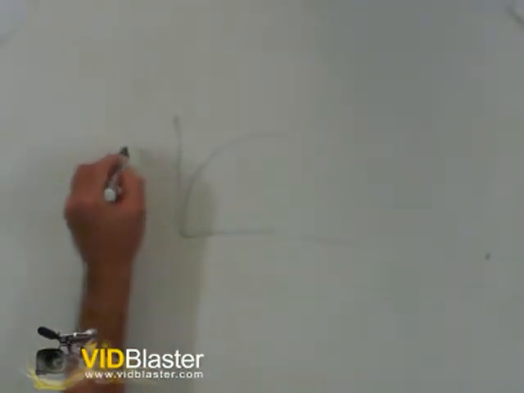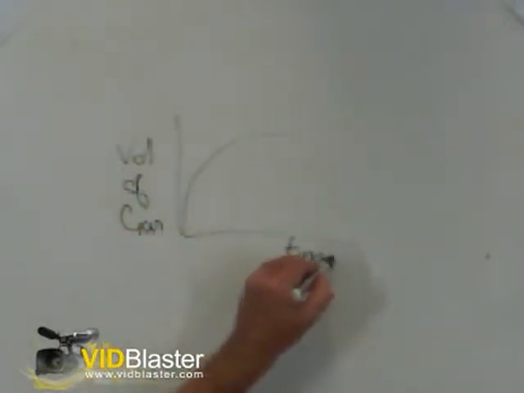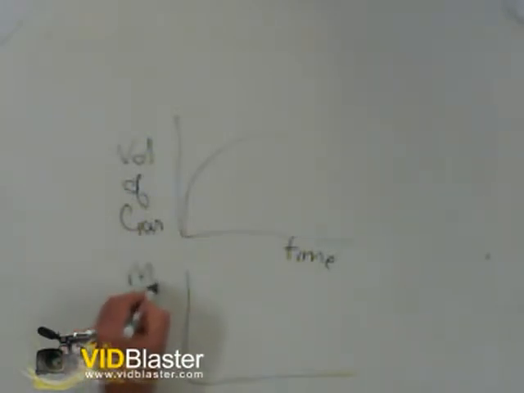Okay. So this is the volume of gas, and that's time. The one that I've just been mentioning, where I said let's look at mass against time, you're going to start with a bigger mass and you're going to decrease.